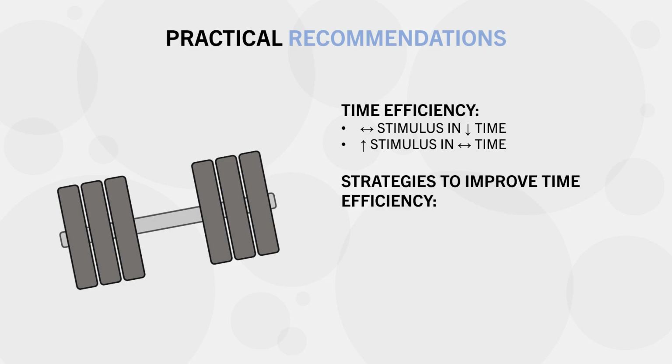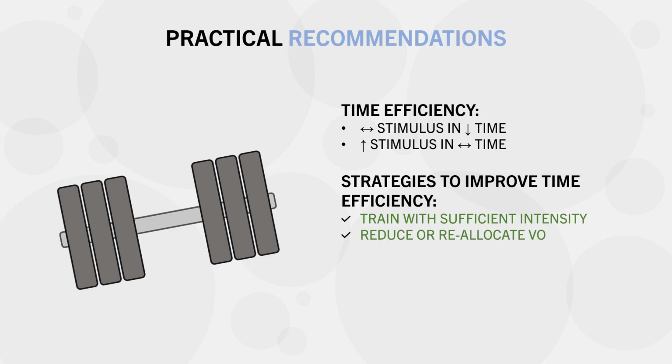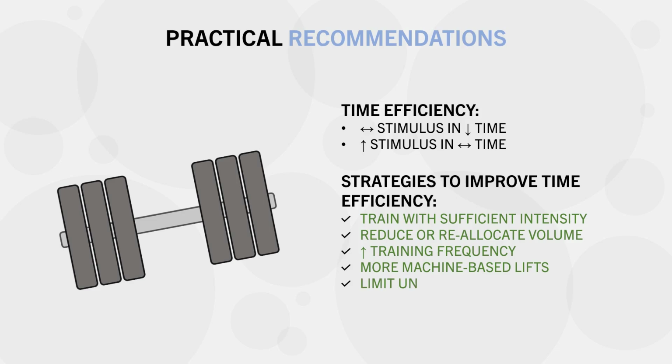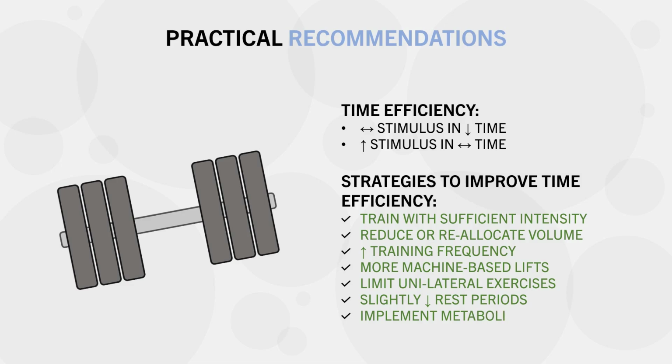Trainees should make sure they are training with sufficient intensity, they can reduce or reallocate volume, increase training frequency, implement more machine-based lifts and bilateral exercises, shorten rest periods, implement metabolite techniques for certain exercises, and minimize time warming up and stretching. These strategies can help trainees get the most out of each session in the least amount of time.